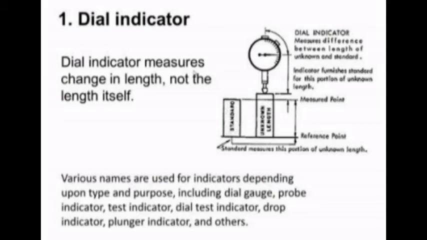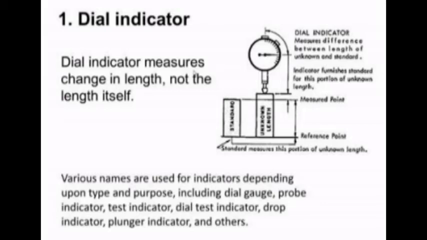For example, if the range of the dial indicator is 0 to 10 mm, and the workpiece size is say 5 mm, then the mechanical dial indicator can be used directly to measure the length of the workpiece.